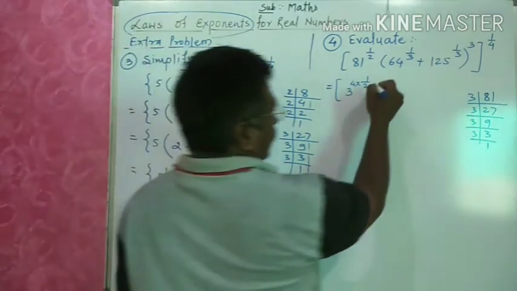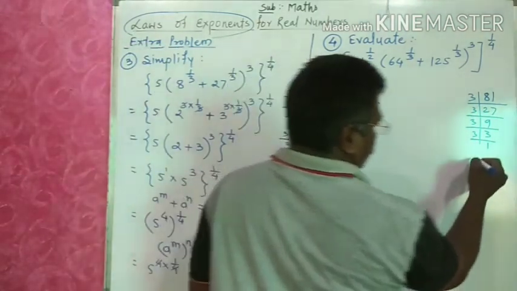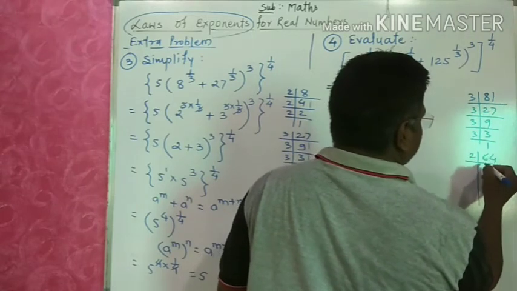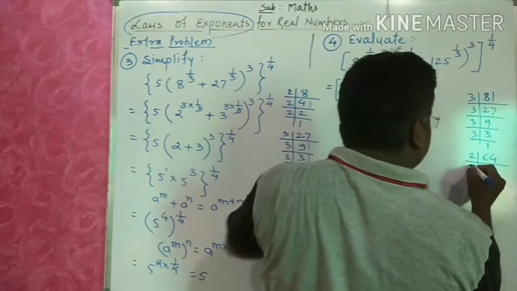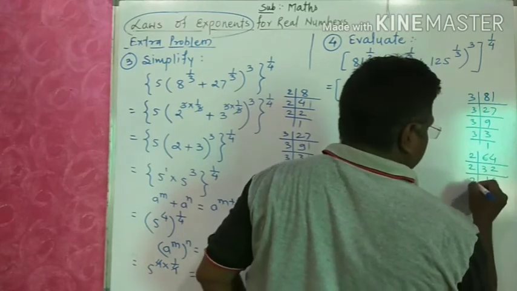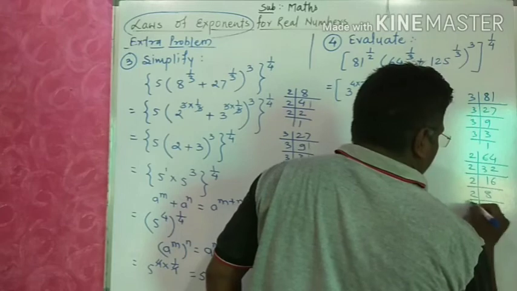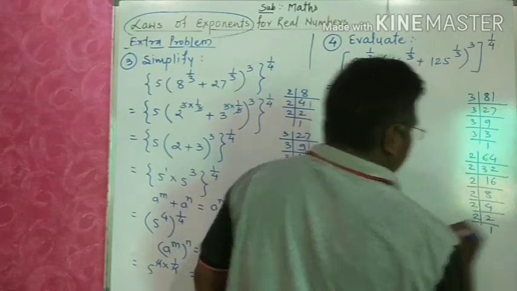Understood? Now here 64. What are the factors of 64? 2, 32s are, 2 16s are, 2 8s are, 2 4s are, 2 2s are, 2 1s are.